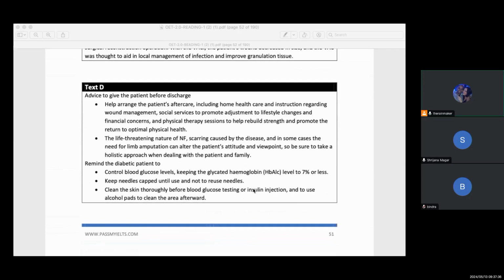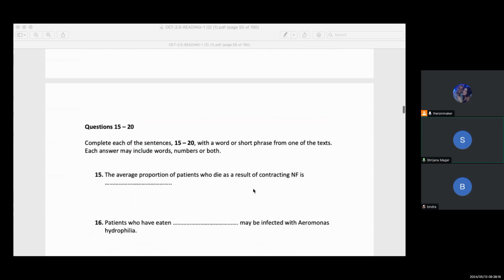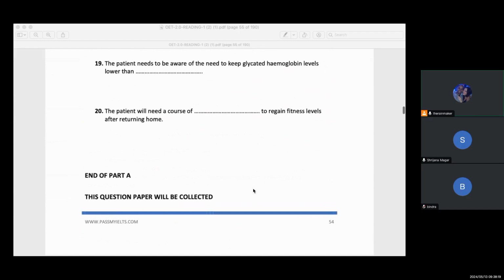Regain चाहिँ हाम्रो keyword हो या regain कै हाम्रो कुनै synonym keyword हो? Physical therapy. Correct.